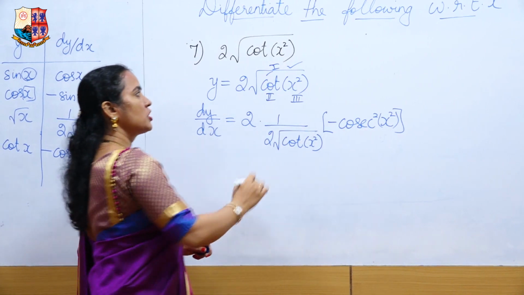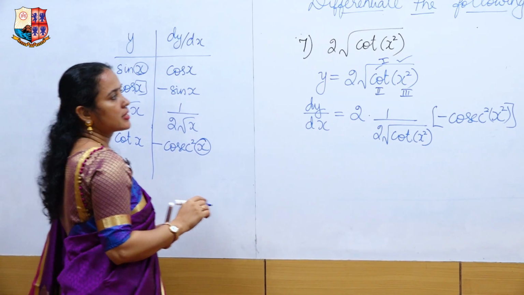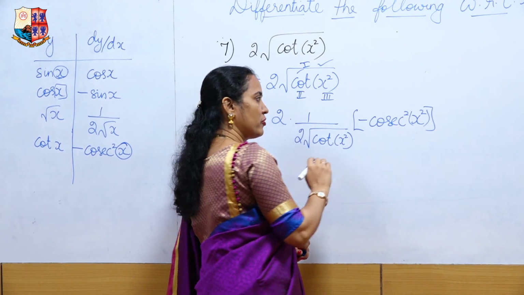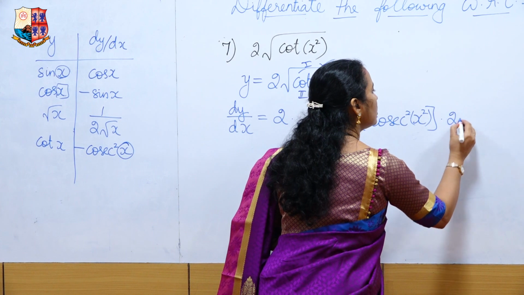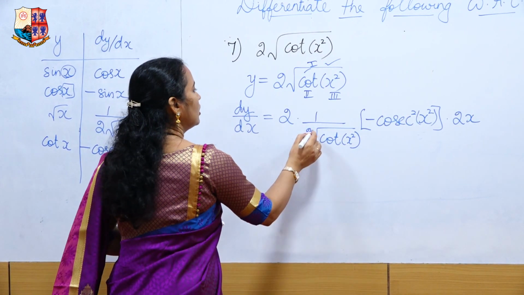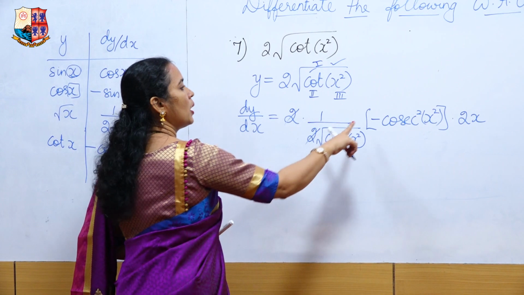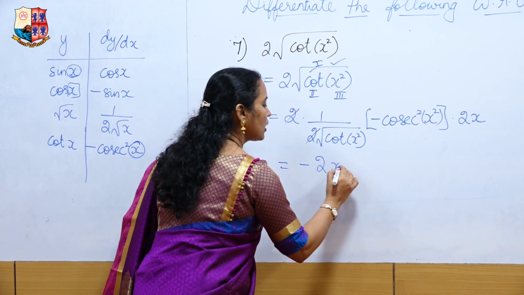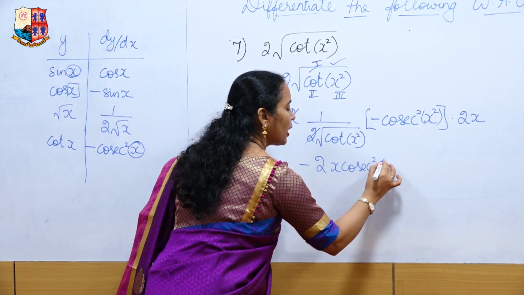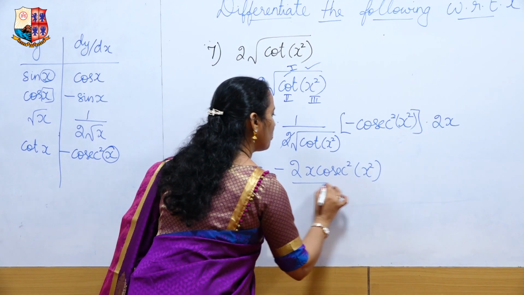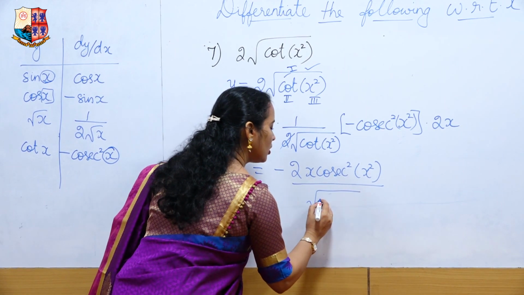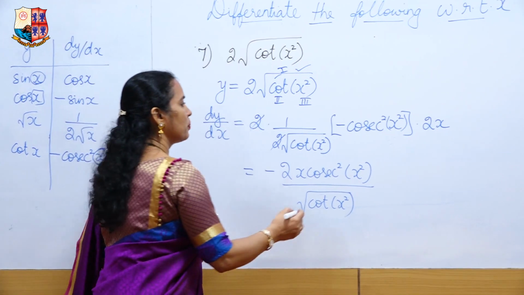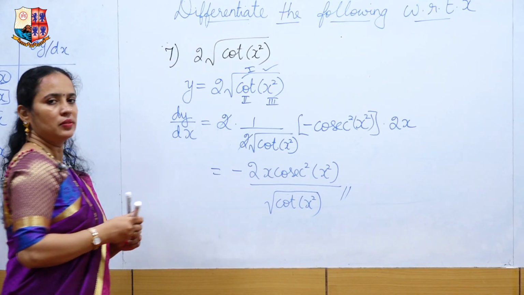So done with the cot function. Next, differentiate x square. x square, x to the power n form, bring the power down, reduce 1 from the power. So you will get 2x. 2 and 2 will get cancelled, minus 2 into x into cosecant square of x square upon square root of cot of x square. This will be the answer.